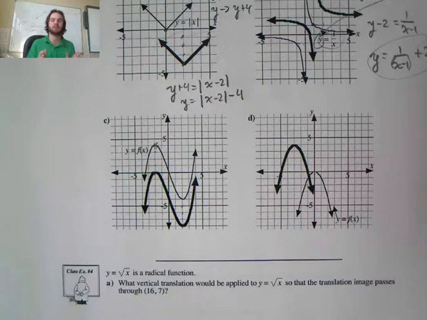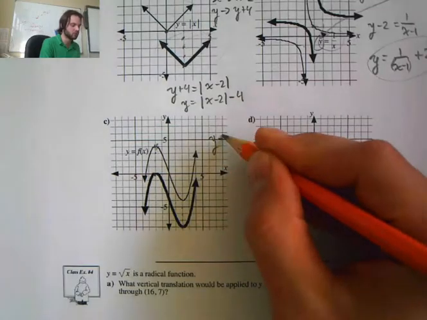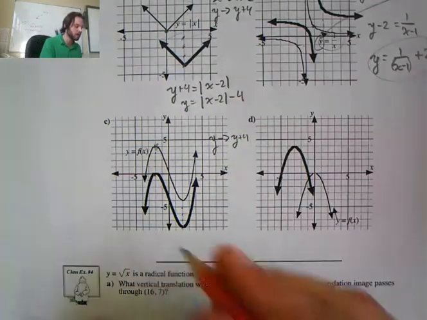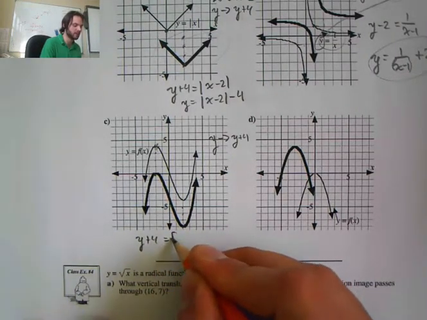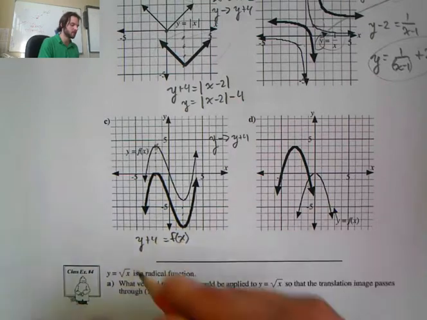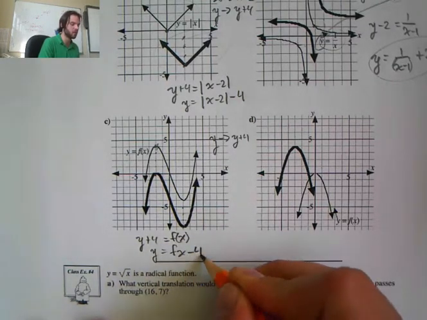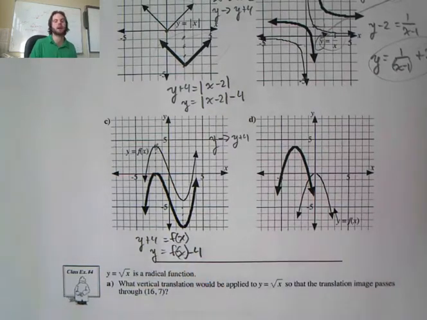I don't have a shift left and right, it doesn't look like. So y is replaced with y plus 4, because we're going down 4. So y plus 4 is equal to f of x, which ends up giving me y is equal to f of x minus 4. Okay, make sure it's outside of the x, right? There we go.